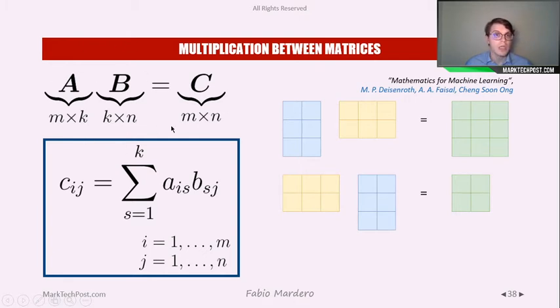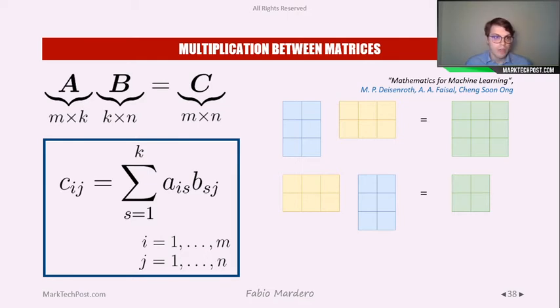As you can see in this multiplication, the k dimension is deleted, and the result is a matrix with m rows and n columns.